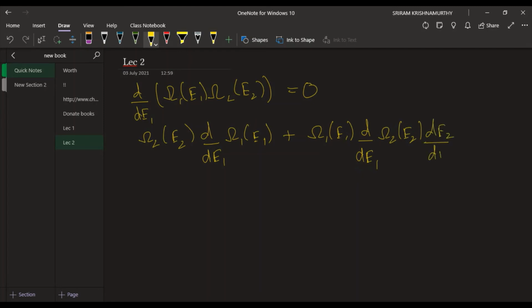So we apply the product rule for differentiation. Right? Now we have already said that we have fixed the total energy, that is E is fixed, right? So when we do the differential of this equation, since E is fixed, it is 0, so we have dE1 plus dE2. Right? Now let's substitute this into this equation.